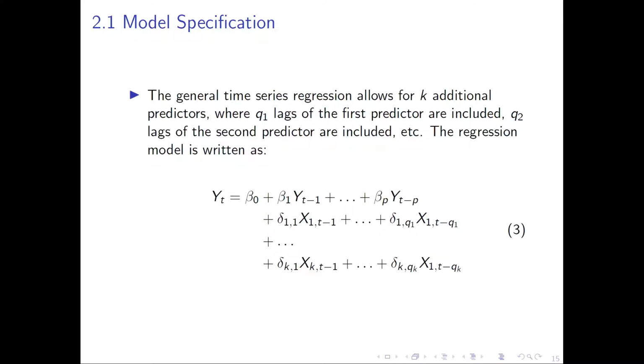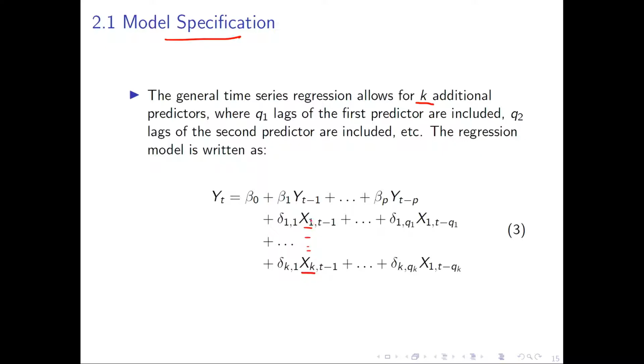And as always, model specification just means what kind of variables do you include in your model and how many lags in our autoregressive distributed lag model do we have. And here we have k additional predictors, which means that we have x1 and x2 and so on until xk.